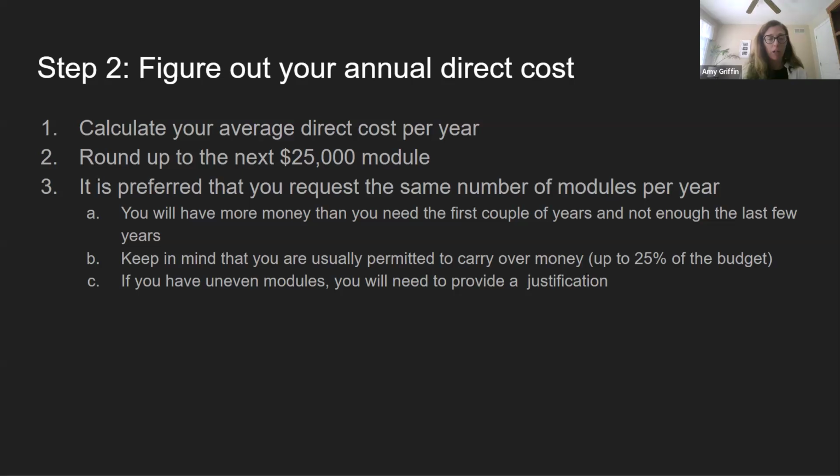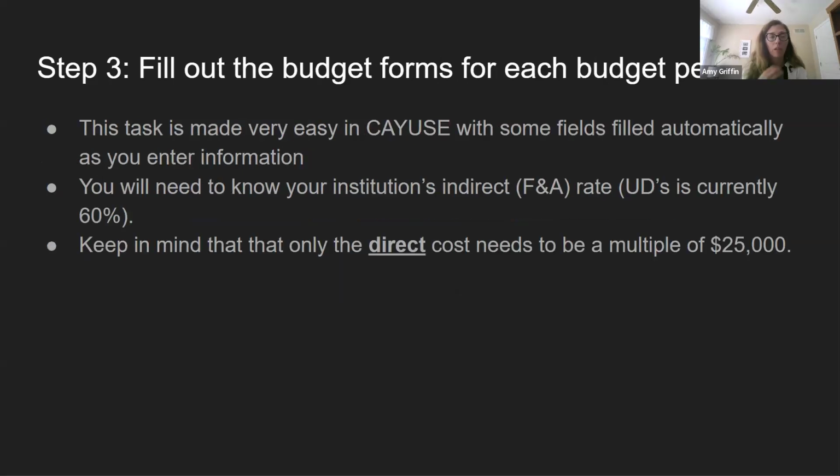If you do have uneven modules, it's not a big deal. You just need to provide a justification, and I'll talk about that at the end. So the next step is really the easiest step. You're going to fill out the budget forms for each budget period. Cayuse makes this really easy.